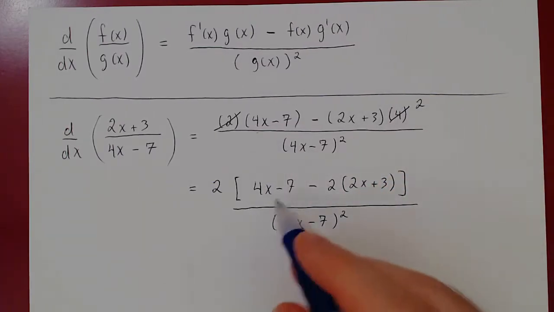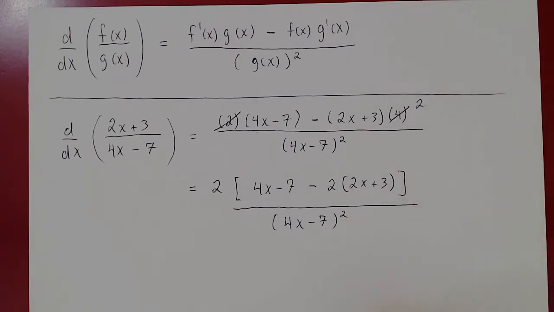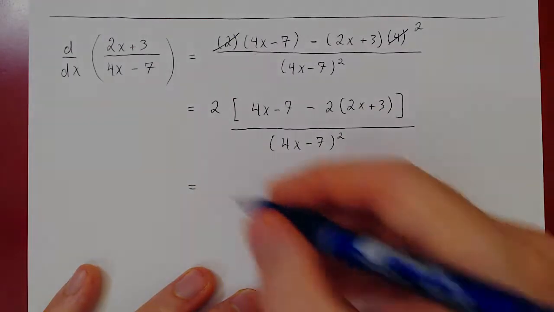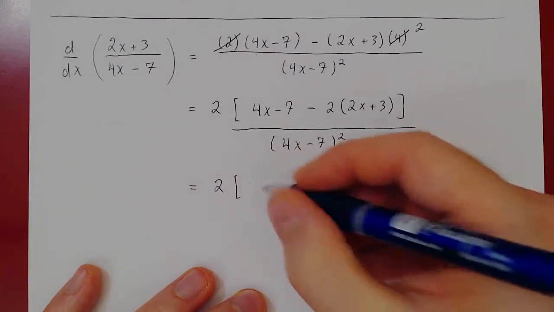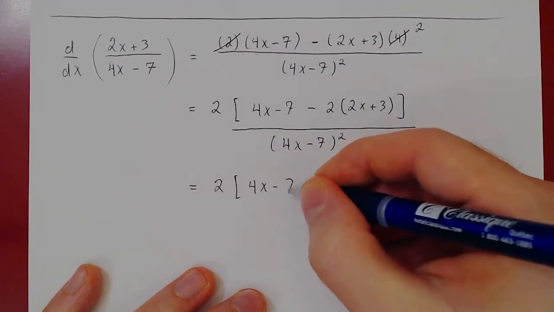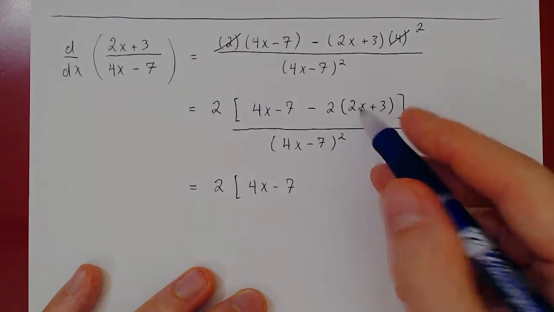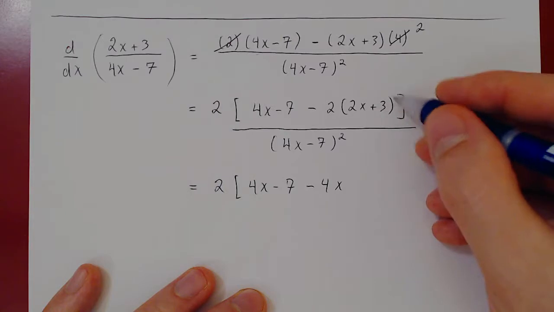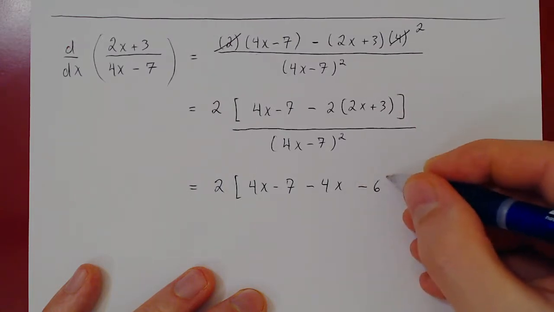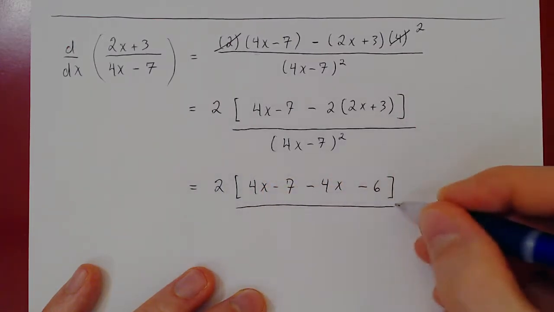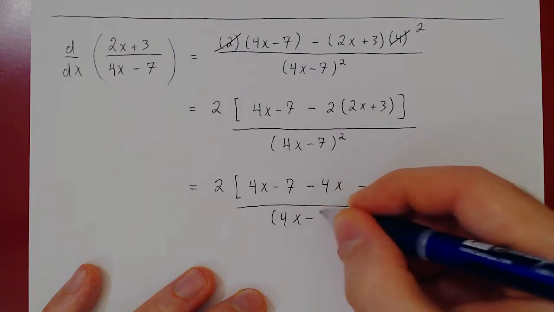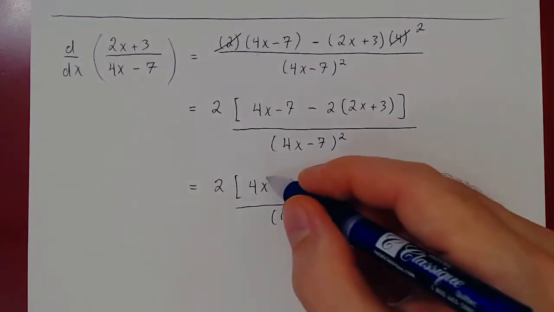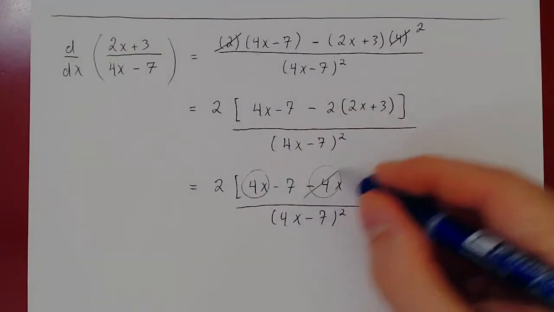And now we can multiply out and regroup similar powers of x and the constant terms. We have a 2 times 4x minus 7. Negative 2 times 2x is negative 4x. Negative 2 times positive 3 is negative 6. All over 4x minus 7 squared. And if you notice, we have 4x minus 4x.